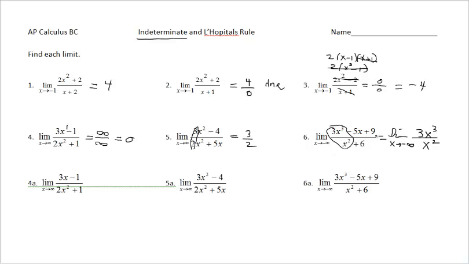So maybe here I should say this is approximated by. Let me simplify the model. x squared cancels with that, so I'm left with 3x. Whatever this function is doing at its ends is modeled by what this linear function is doing at its ends.